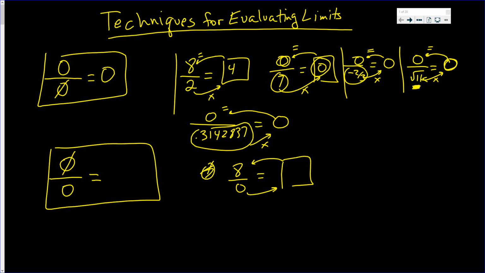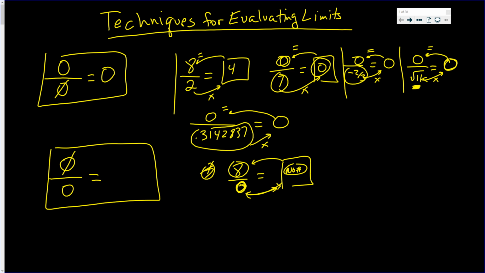And the answer is no number. Because no matter what number you put here, when you multiply it by 0, one of those two numbers is going to be 0, namely this one, for sure. And when you multiply these two numbers, you're not going to get 8.